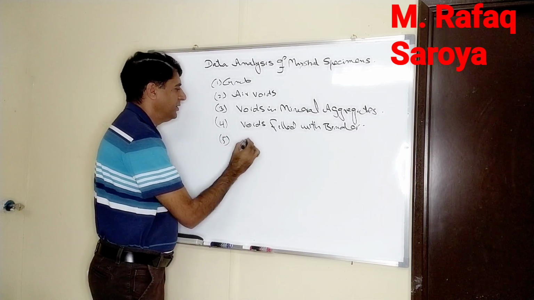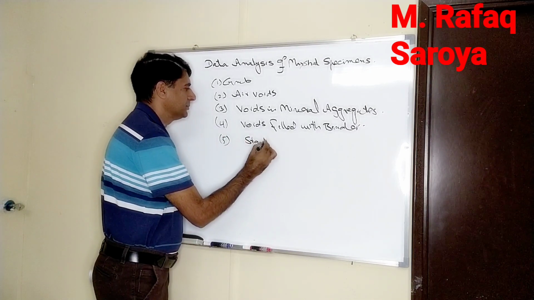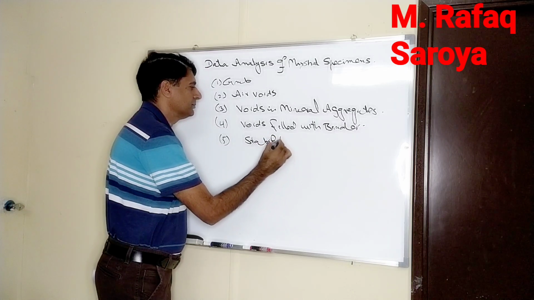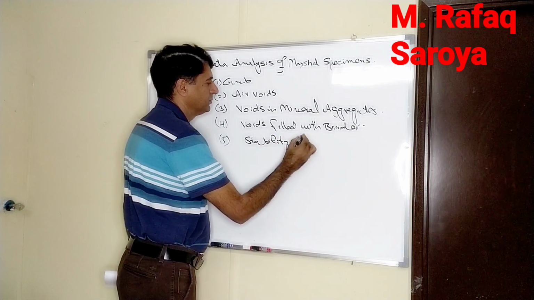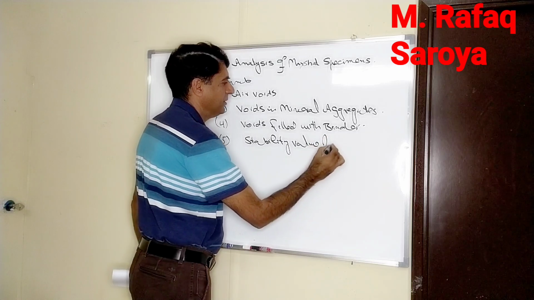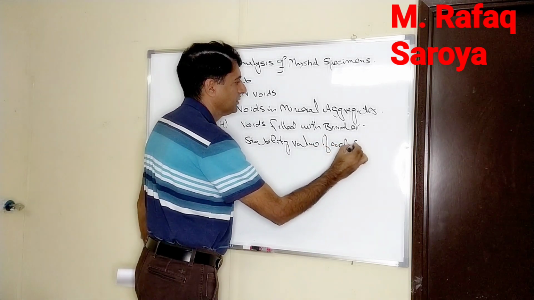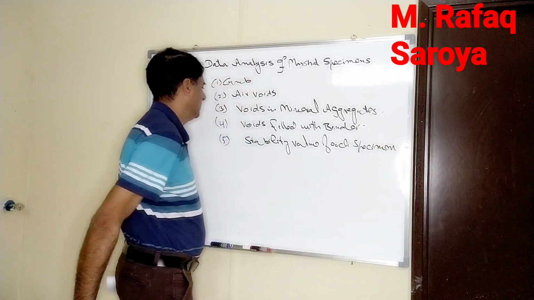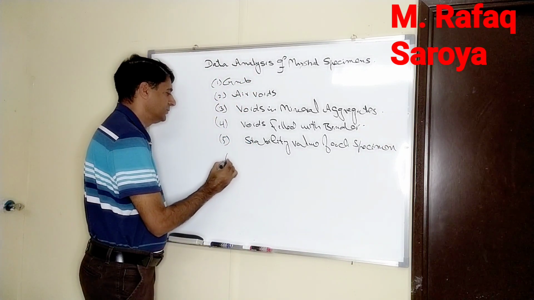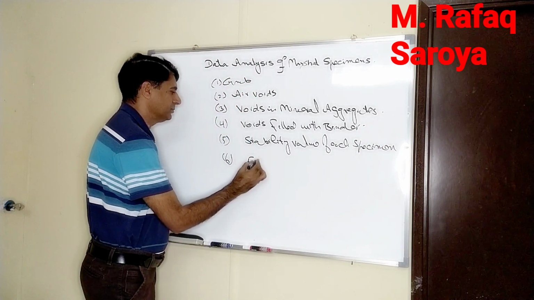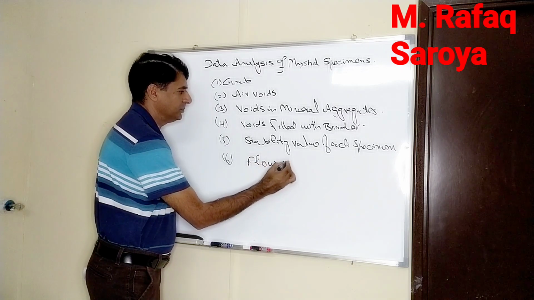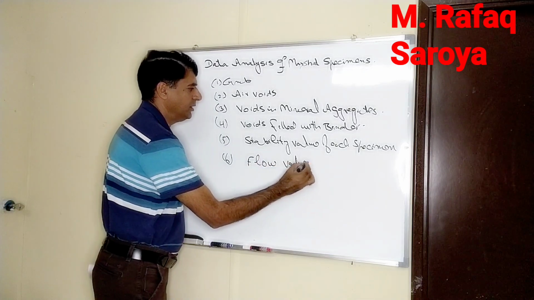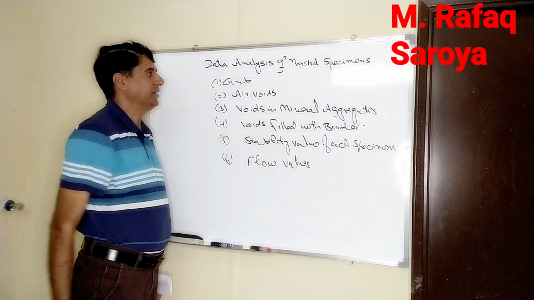Five, stability value, of each specimen. Last one, flow value. Here I would like to tell you one thing.